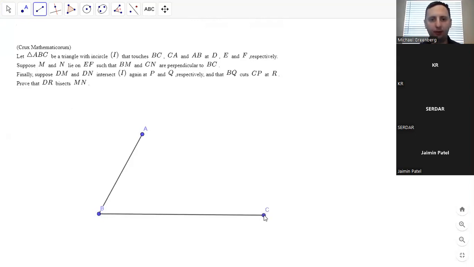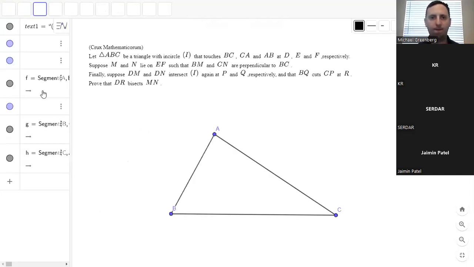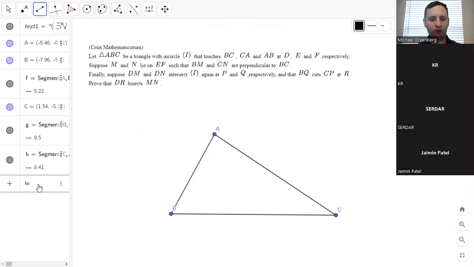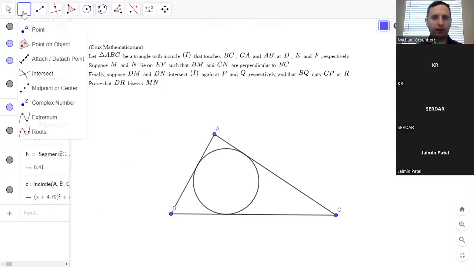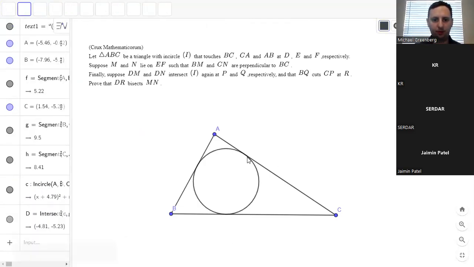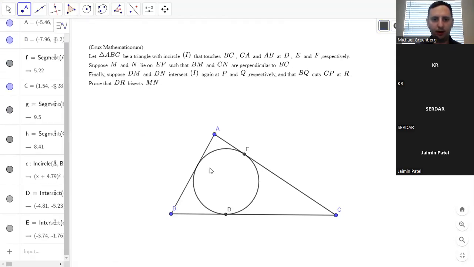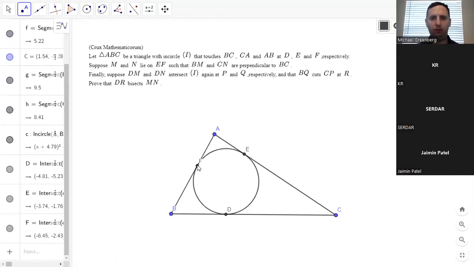We have a triangle ABC, and the incircle is tangent at D, E, and F. So let's draw the incircle, draw the points of tangency D, E, and F. And then we draw perpendiculars to BC at B and C, and we see where they meet EF.